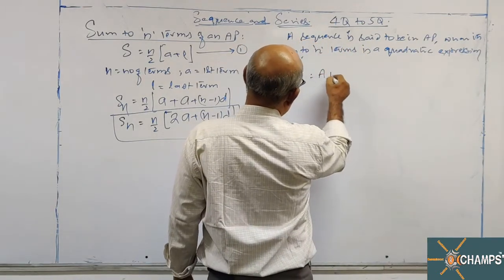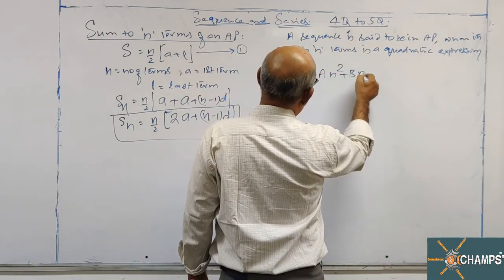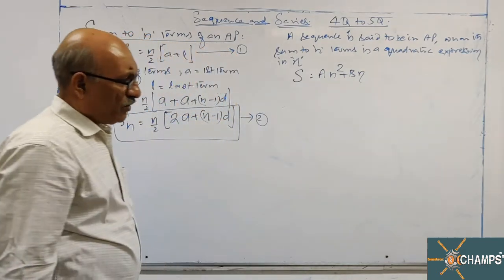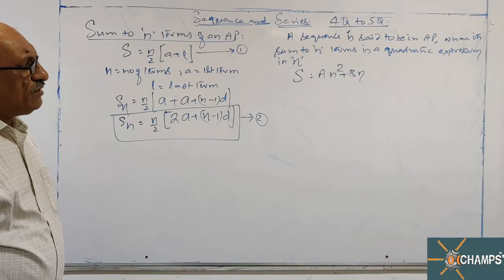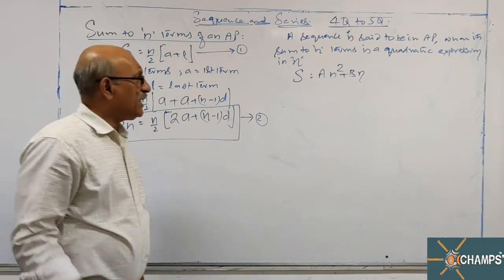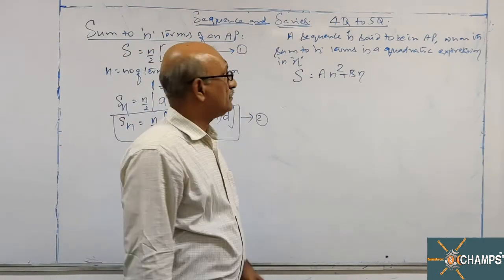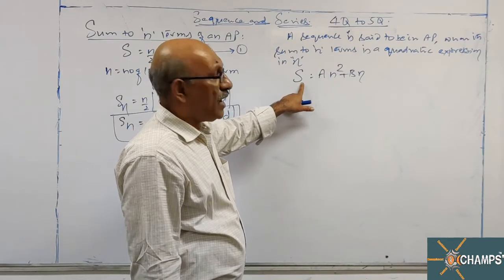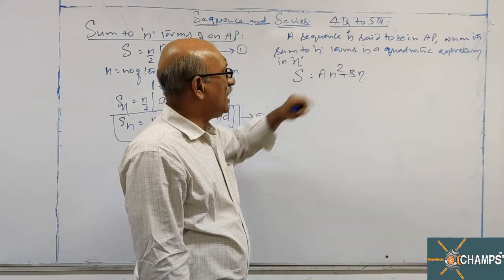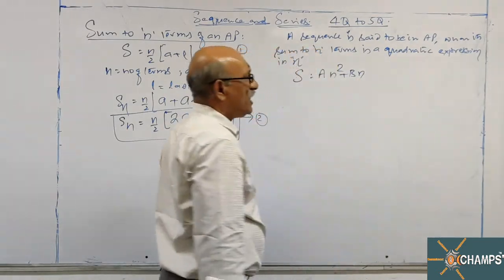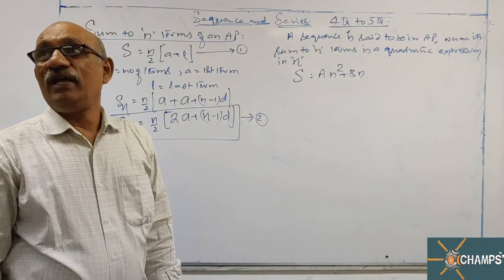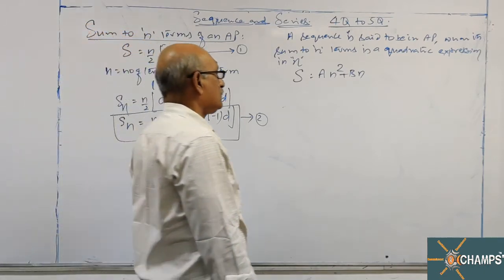So S is equal to an square plus bn. When it is given in this manner, you can say it is in arithmetic progression. When Sn is given as an square plus bn, the sequence generated by this is always in arithmetic progression.